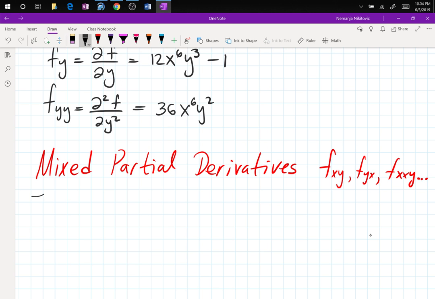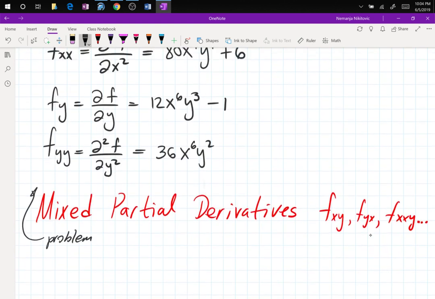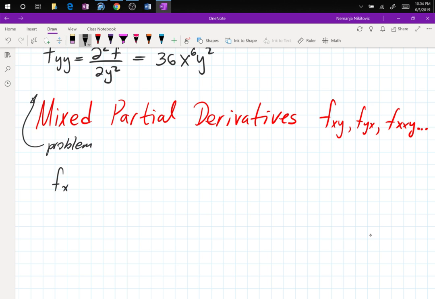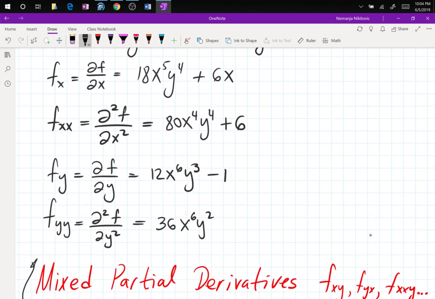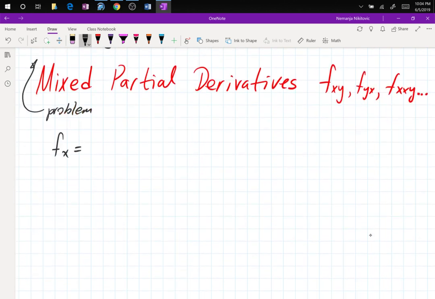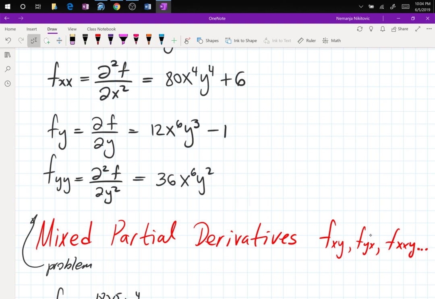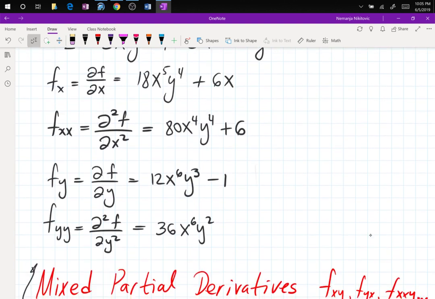So, problem. We already have the fact that fx is given as 18x to the 5, y to the 4, plus 6x.